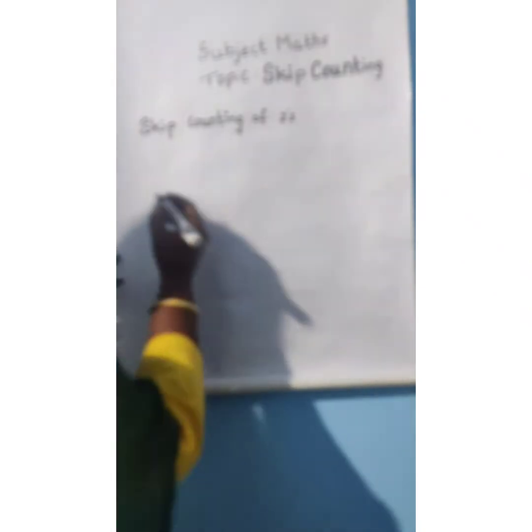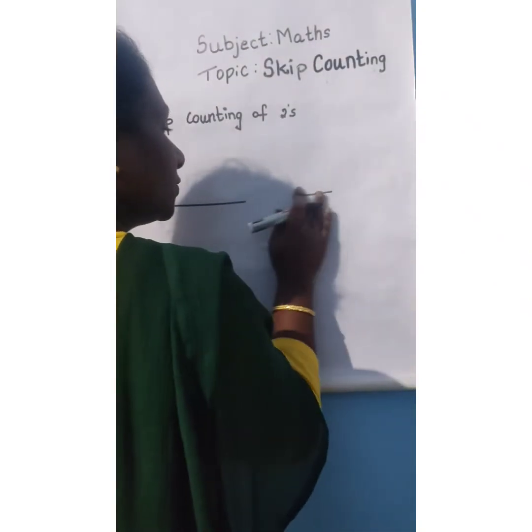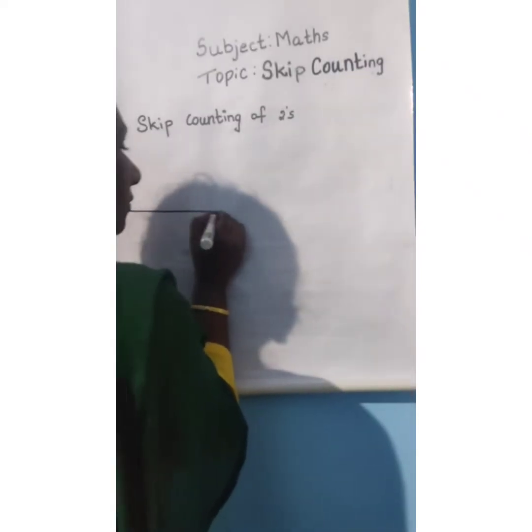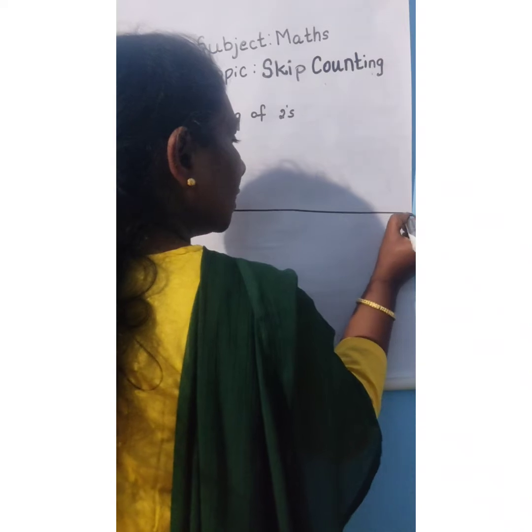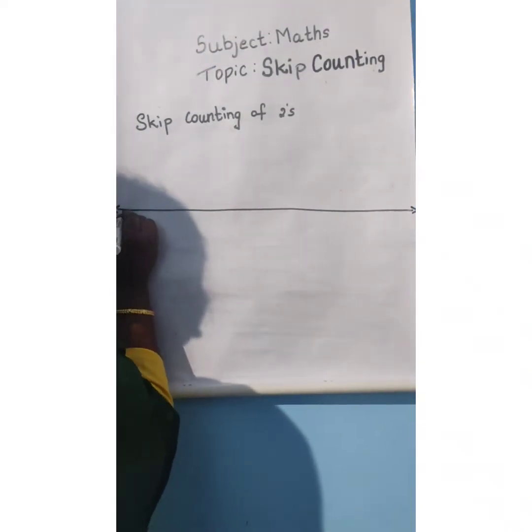Okay, so with the help of this number strip line, draw a straight line. Draw one straight line with the help of a scale, children. Starting from 0.